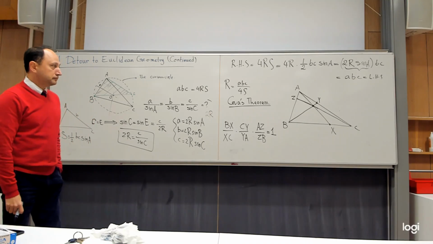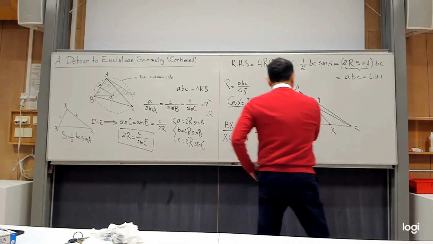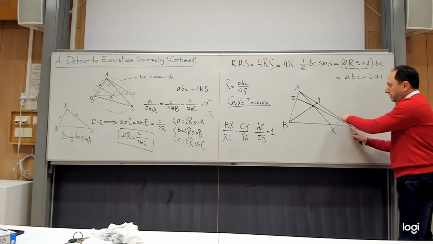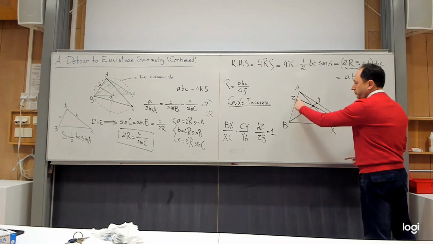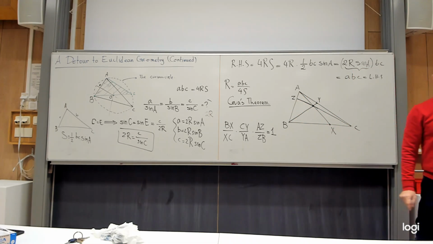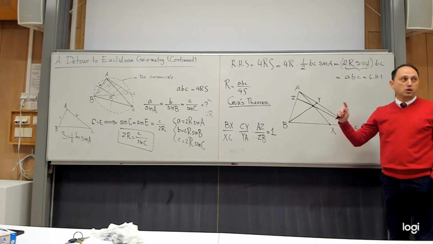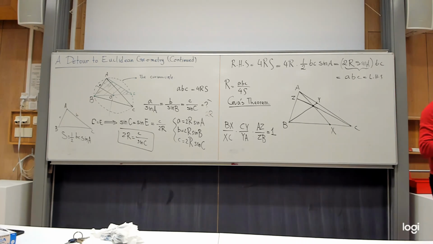Okay? So that's a very, very nice theorem. So BX over XC multiplied by CY over YA multiplied by AZ over ZB is exactly equal to 1 no matter how you draw them. The only thing that you need to respect is that you need to have 3 concurrent Cevian lines. In that case, this will work, yes?